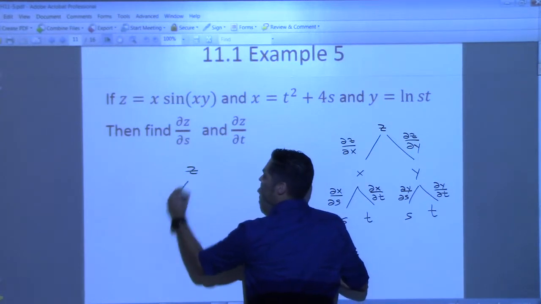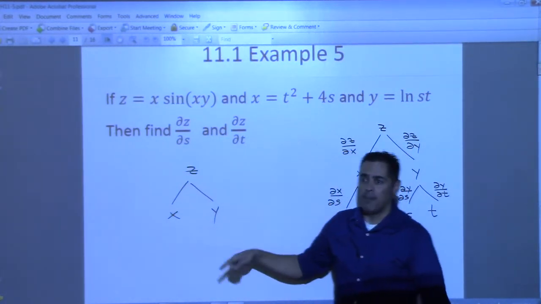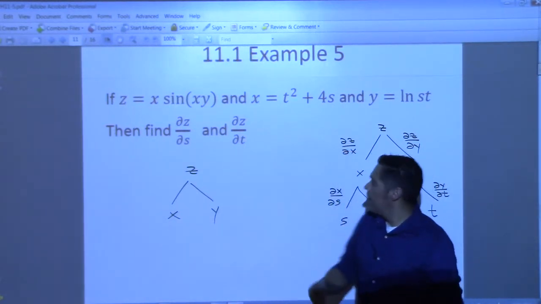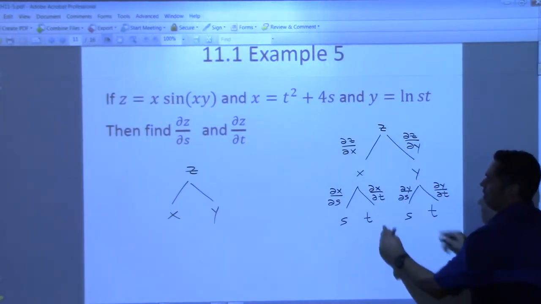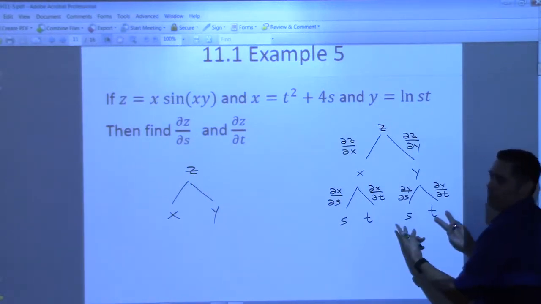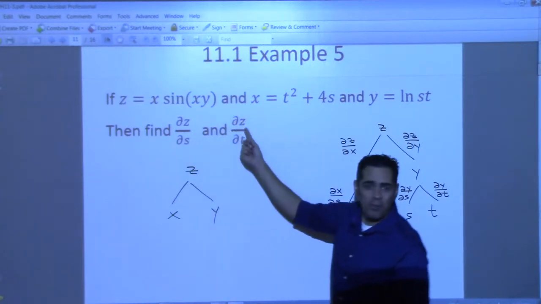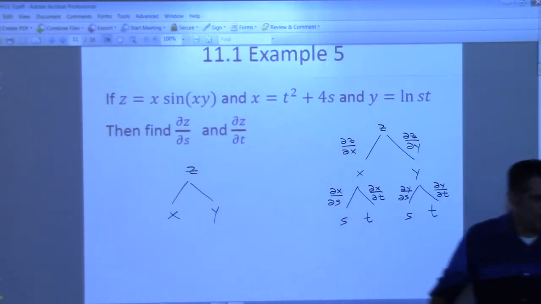When we had just this picture, we said there were two possible derivatives, the partial of z with respect to x, partial of z with respect to y. Now, if there's a chain of events happening in between, it doesn't matter what's happening in here. If at the end of the day there's two variables down here, then I can only ask for two derivatives. I can ask for partial z with respect to s, partial z with respect to t. Those are the two things we can ask for, okay?